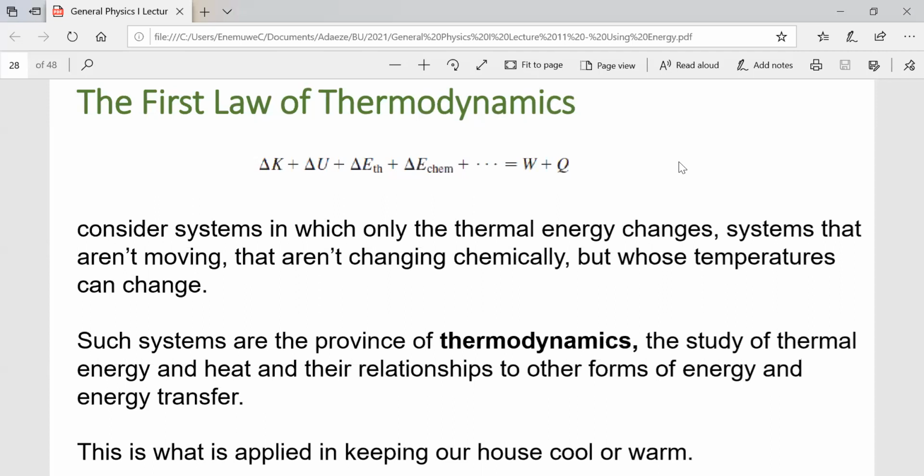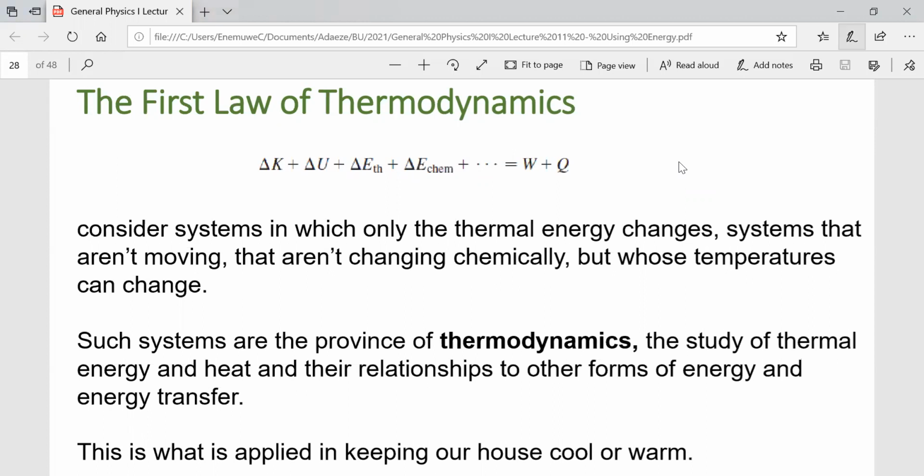The first law of thermodynamics simply factored in the important point that heat is also part of the energy changes that go on in the system.